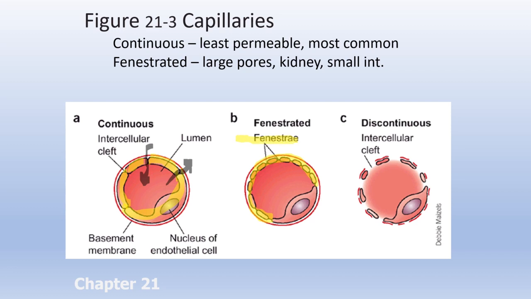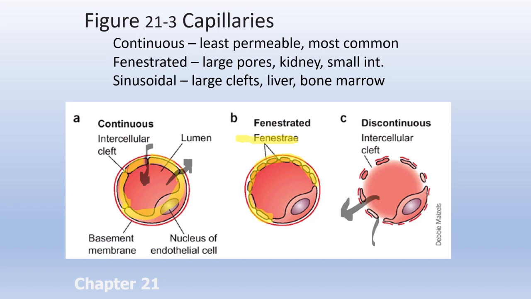The last type of capillary can be called something different depending on the book. I chose this picture because I like the picture. Your book calls these capillaries sinusoidal because the holes in between the cells are large sinuses. These are leaky.